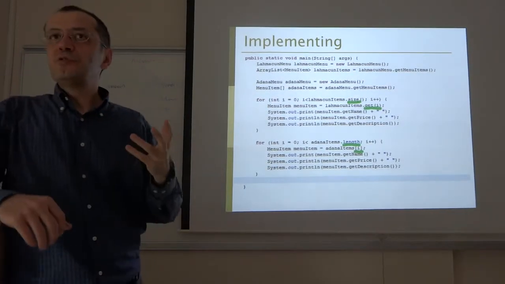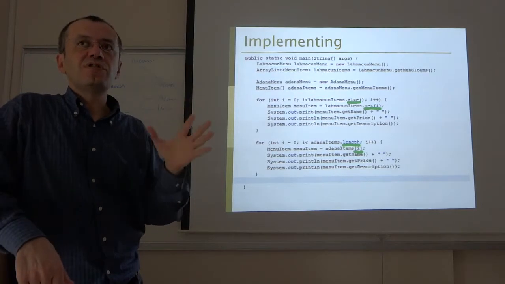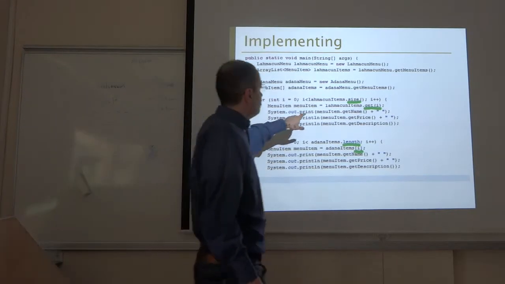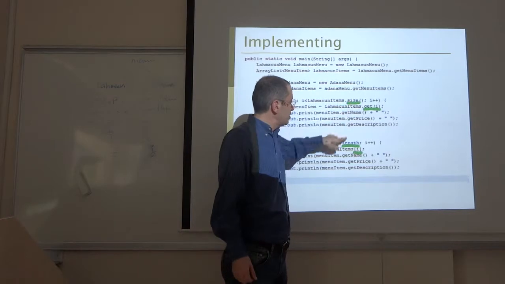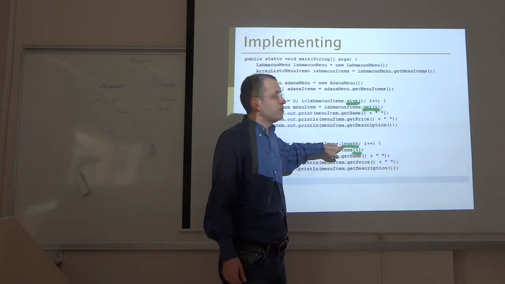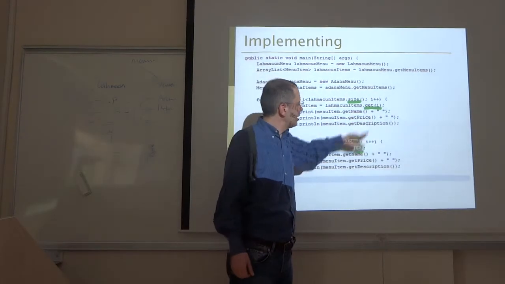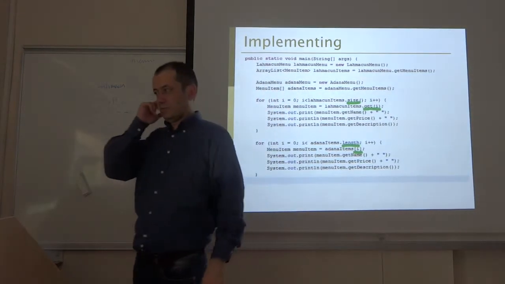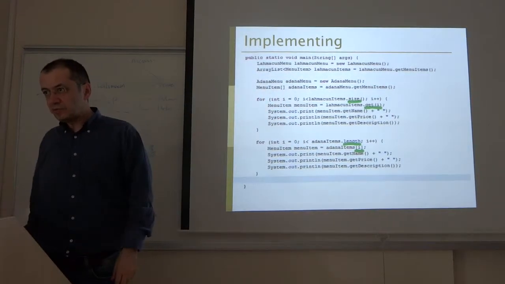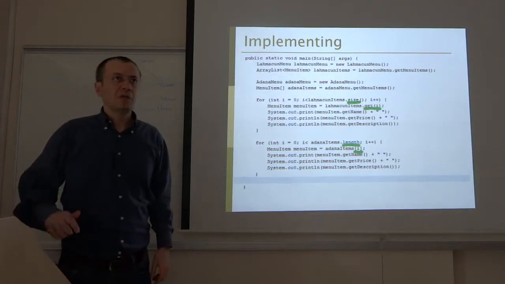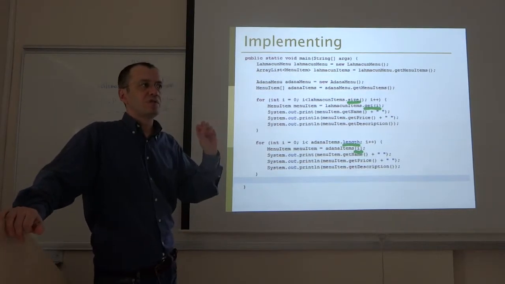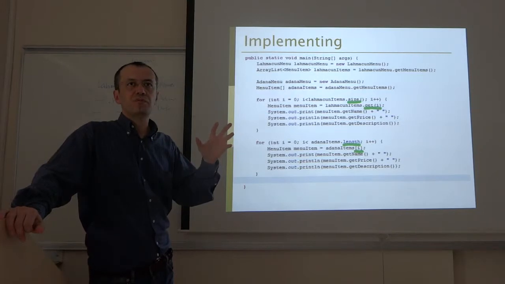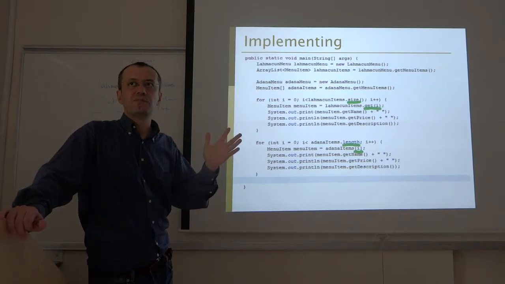But differently, of course, because their collections are different. In one of them, you need the size. With this one, you need the length. With this, you need get. With this one, you have these brackets. So what I want is to be able to use the same for loop to print both of them.